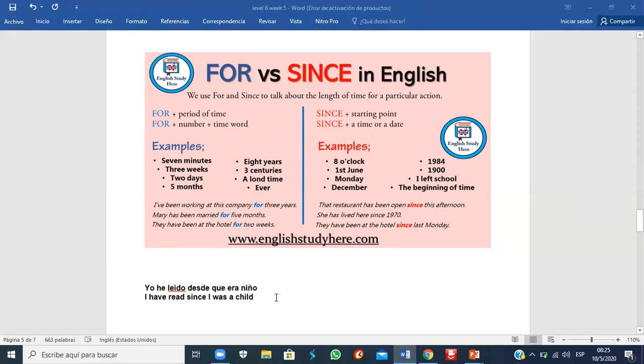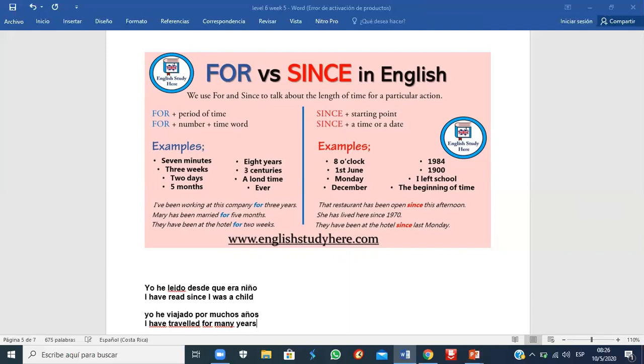Or we can say, yo he viajado por muchos años. This is another sentence. If I want to translate this sentence, I am going to say, I have traveled for many years.